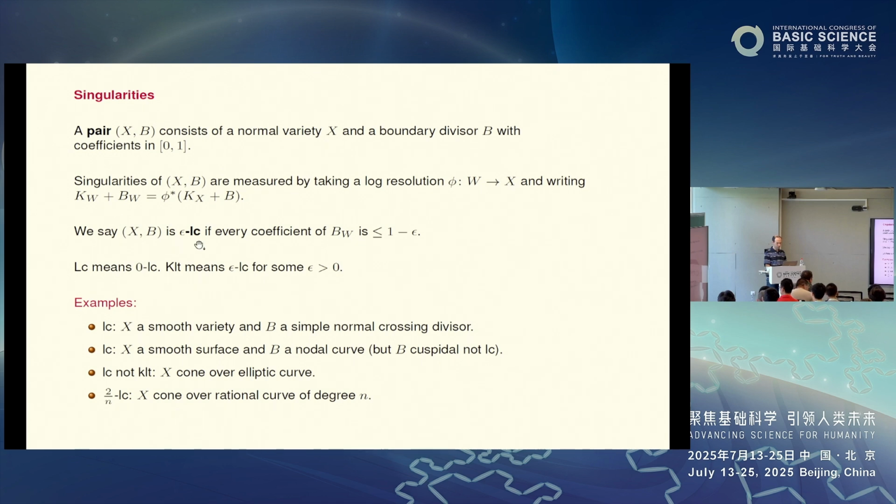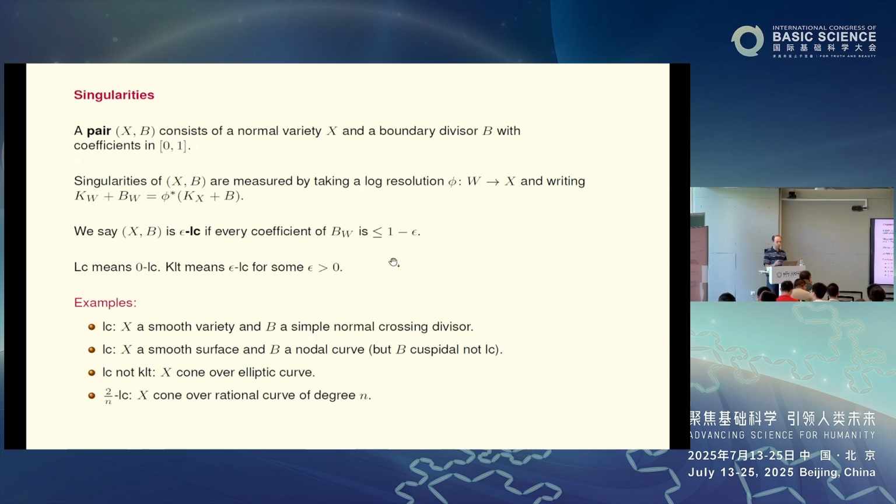But for our talk, one type of singularities, maybe most relevant, these are called epsilon log canonical. It just means that the coefficients of B_W are not bigger than 1 minus epsilon, where epsilon is some number. And if I take epsilon to be 0, then traditionally these are just called log canonical.